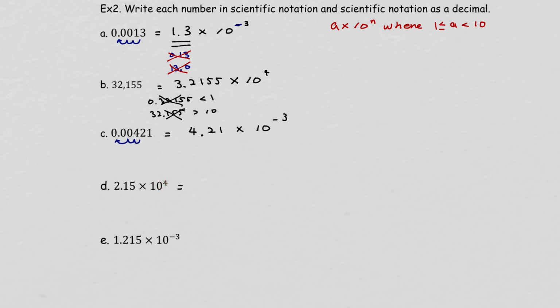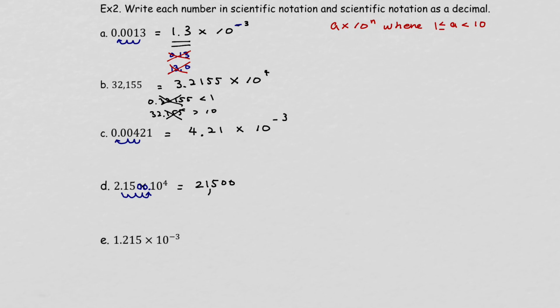Larger means you're going to move your decimal toward the right side, right direction. So you're going to have 4 spaces moving, so it'll be 1, 2, 3, 4. Means you're going to create 2 more 0s to have your decimal back there. So that's going to be 2, 1, 5, and 2 more 0s. That gives you 21,500.